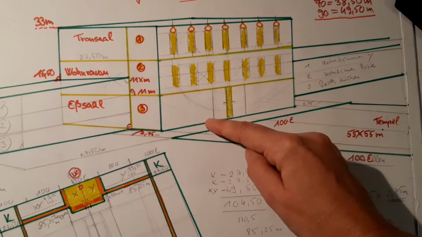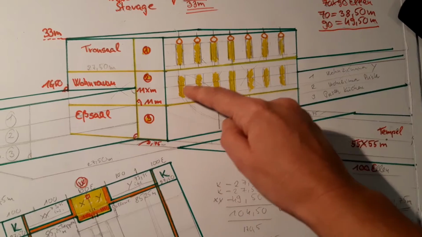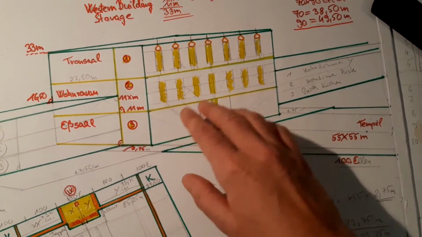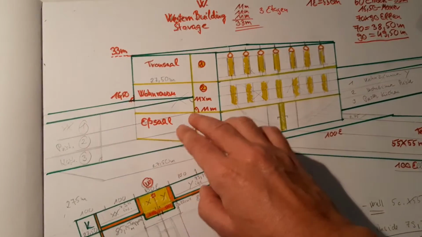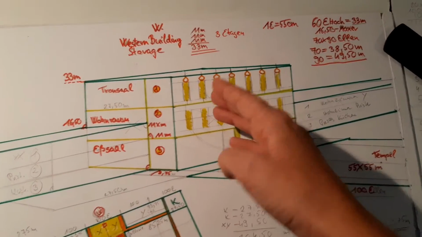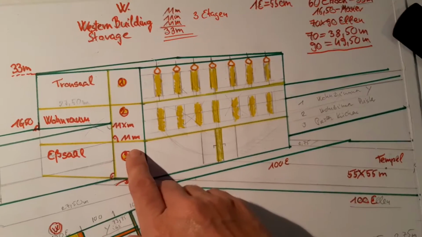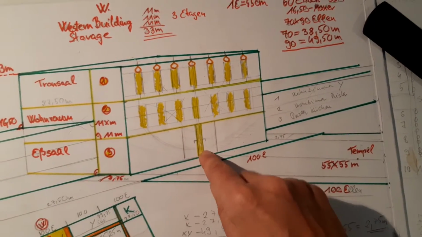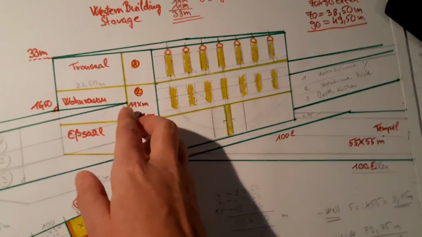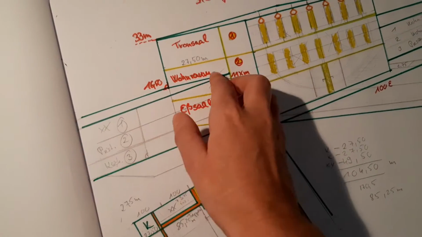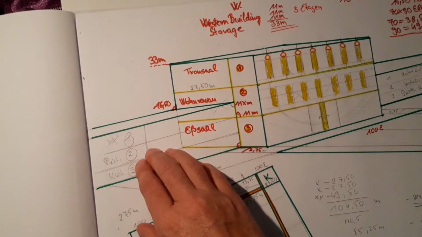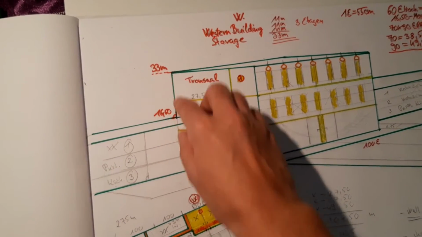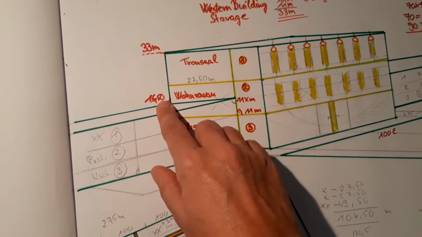You can enter here, go up the steps there, and you can walk like in a gallery. The temple also has a gallery with pillars, the same system. You can walk here, and 7 pillars stand here. This is the gate. Here is a wall, and this is the temple wall, and on the western side the temple wall is also half. This is 33 meters, and this is 15 meters.